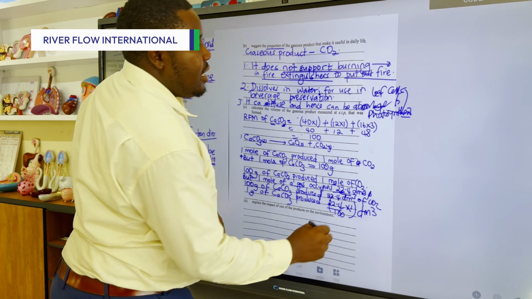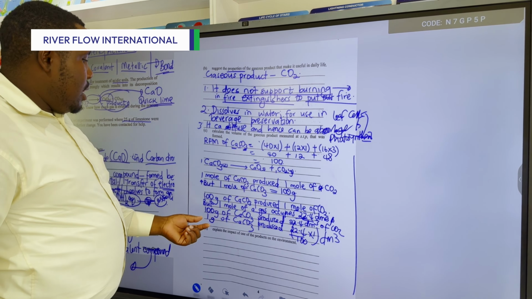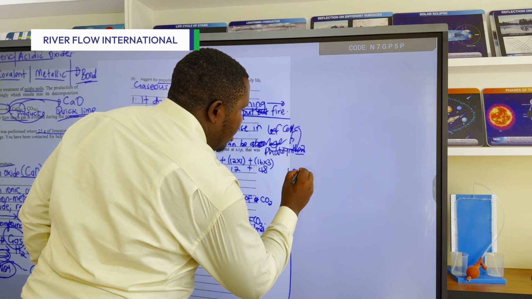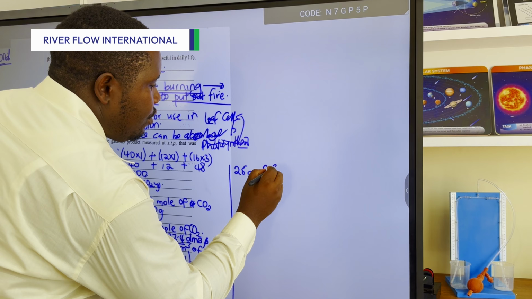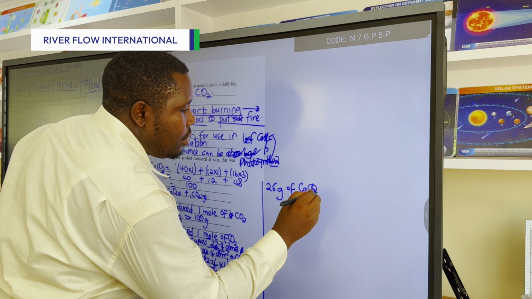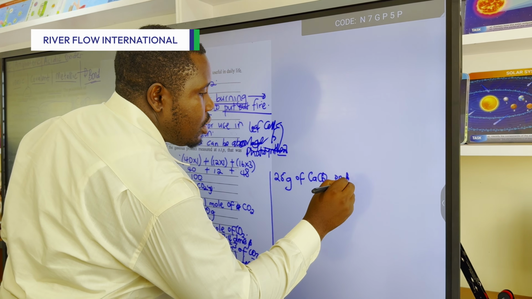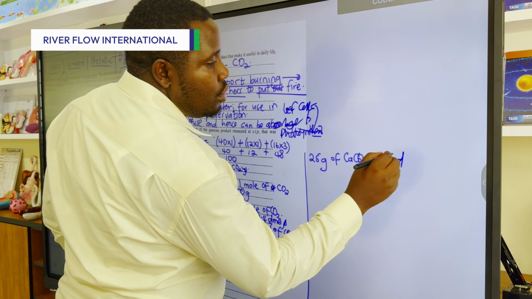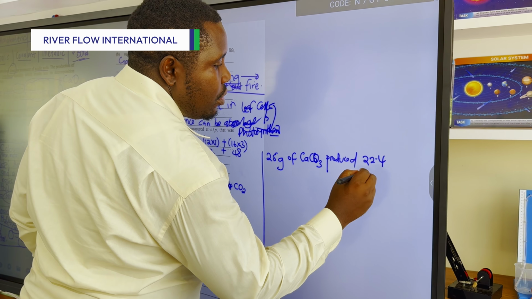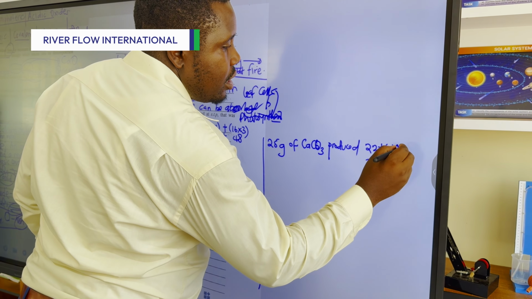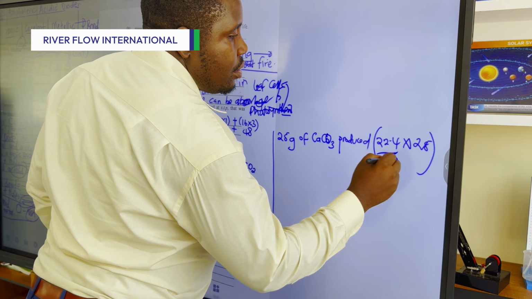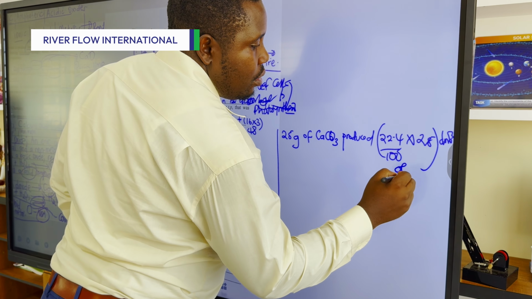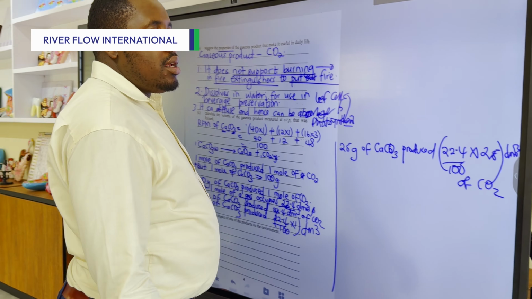Now our space is covered here. Let's summarize it from this side. If this is 1 gram, how about 25? So we'll say 25 grams of calcium carbonate produce what? 22.4 divided by 100 times 25 decimeters cubed of carbon dioxide.